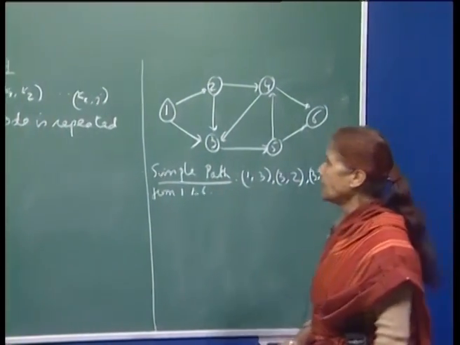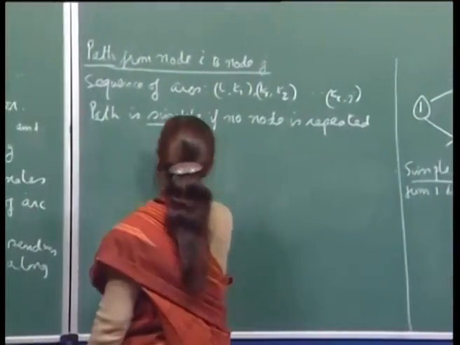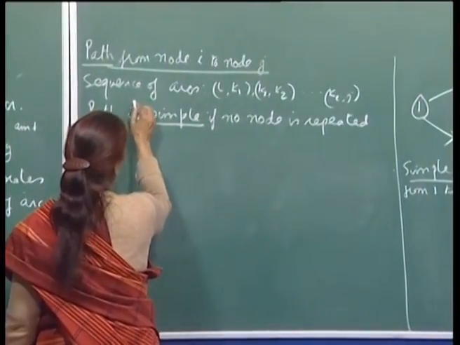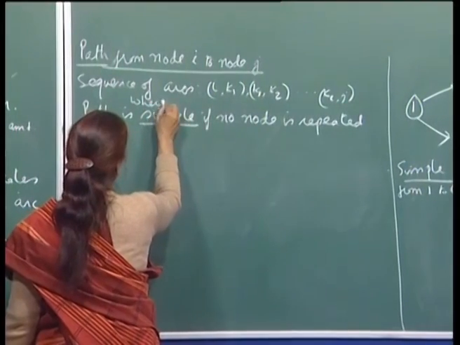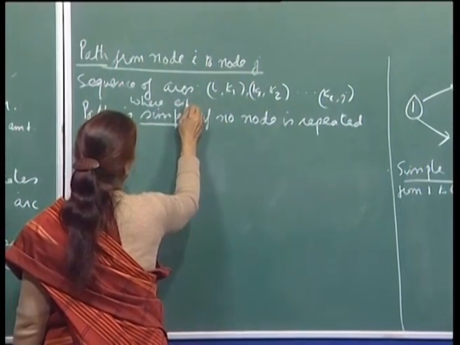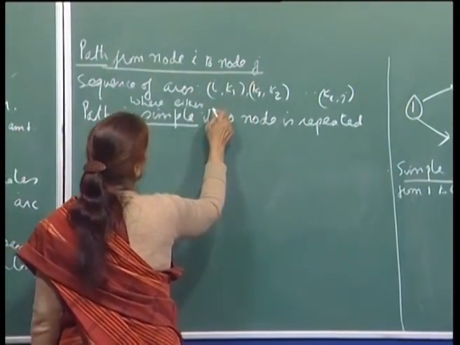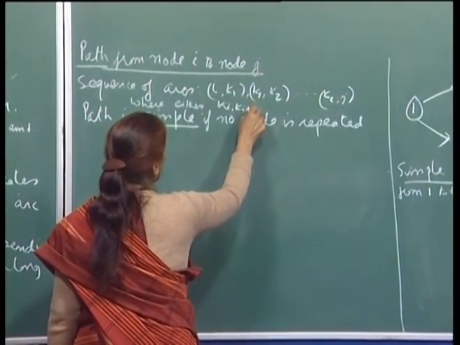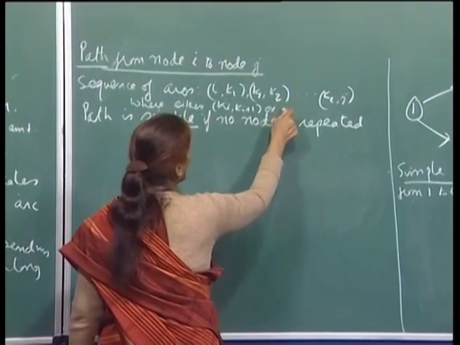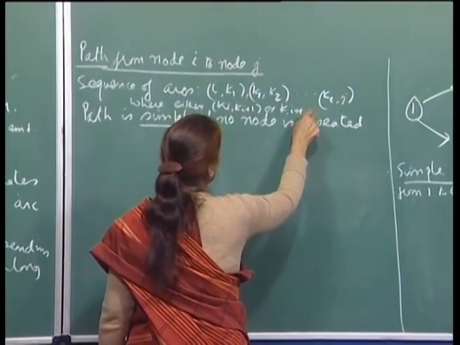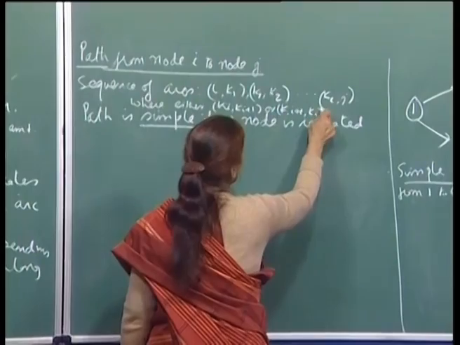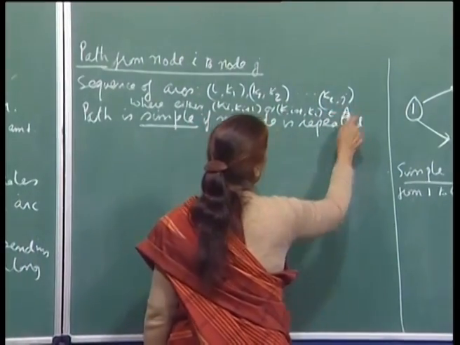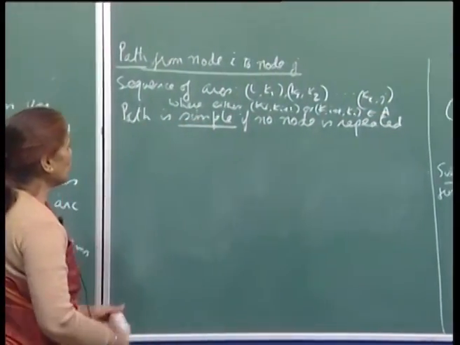I should have said here, sequence of arcs where, let me add here, either Ki Ki plus 1 or Ki plus 1 Ki belongs to A. It's a little crowded, but I think you can read it.